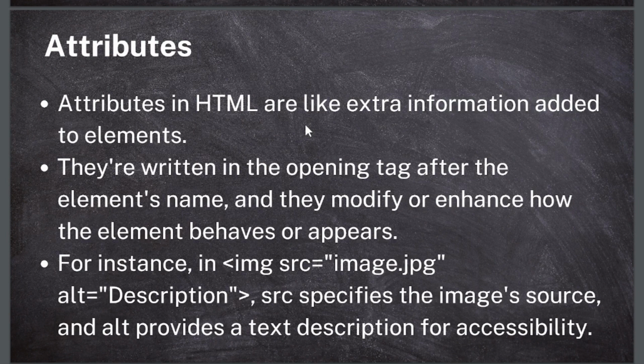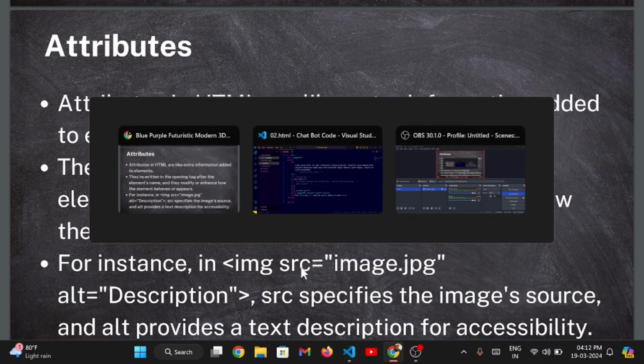For instance, in the image tag, you can see src equal to image.jpg, the image file name, and alt equal to description. These are the attributes, the src and alt, because they add extra information to the image tag.